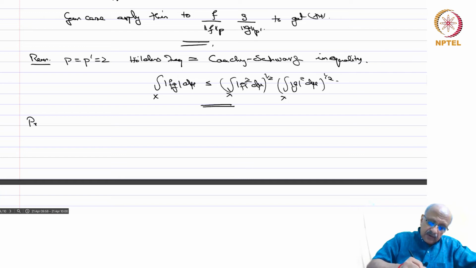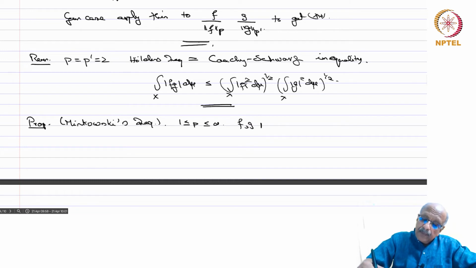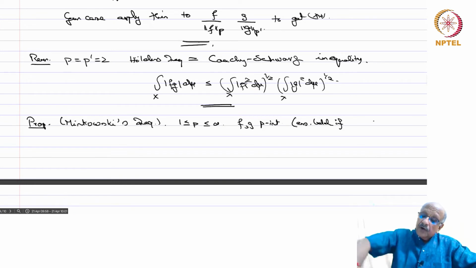So then we have the next proposition. This is called Minkowski's inequality. Let 1 ≤ p ≤ infinity, f, g p-integrable, essentially bounded if p equals infinity.